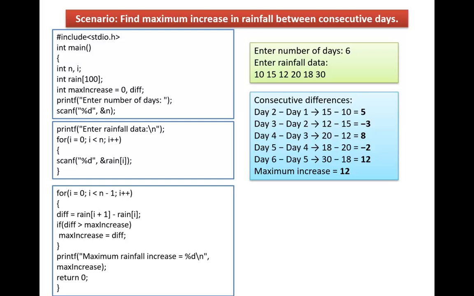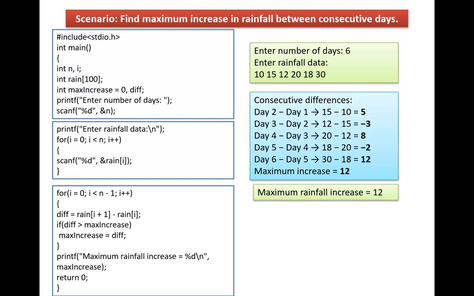Again check. Minus 3 is greater than 5? No. So still max increase is 5. 8 is greater than 5? Yes. So max increase is 8. Minus 2 is greater than 8? No. So max increase is 8 still. 12 is greater than 8? Yes. So max increase is 12. So the maximum increase is found as 12. So the output will be maximum rainfall increase is equal to 12.